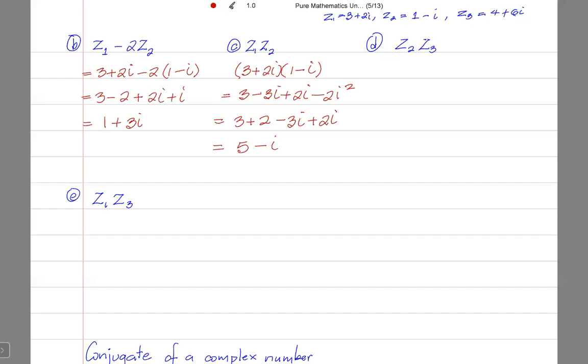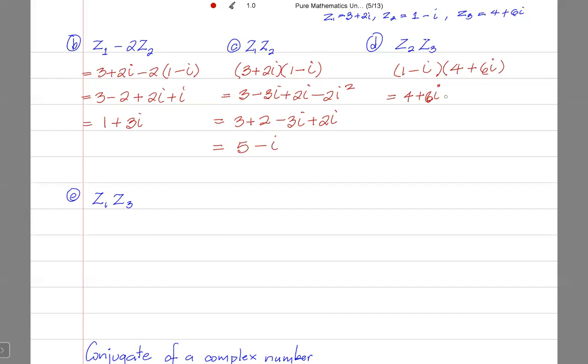Z2 times Z3. So this is 1 minus i multiplied by Z3, which is 4 plus 6i. I'm going to multiply 4 plus 6i by 1. So that's going to be 4 plus 6i. When you multiply something by 1, it remains the same. Then I'm going to multiply 4 plus 6i by minus i.